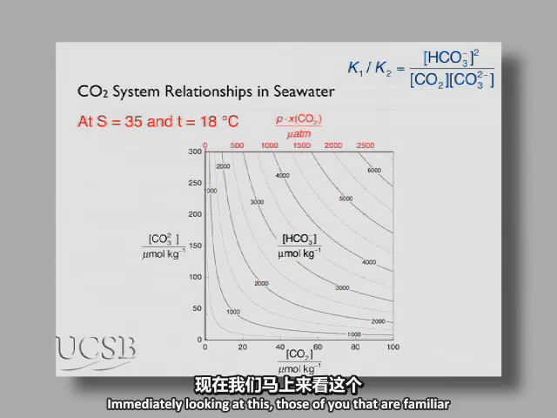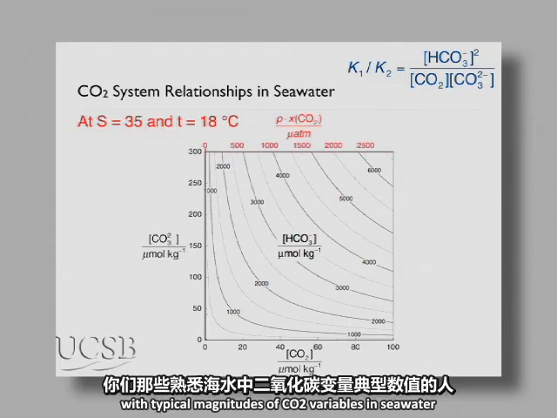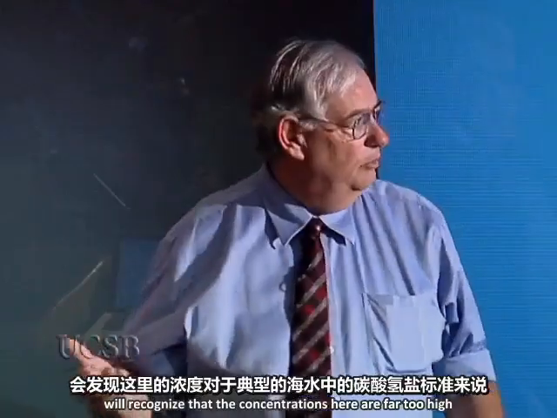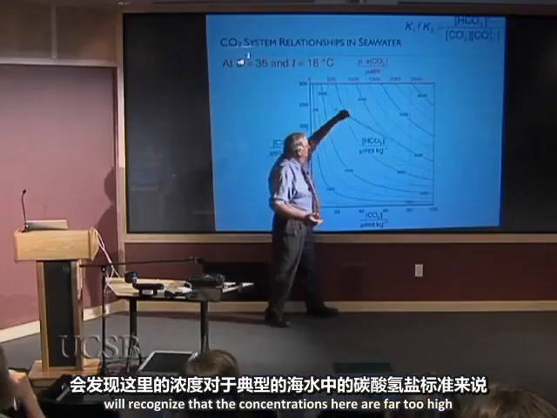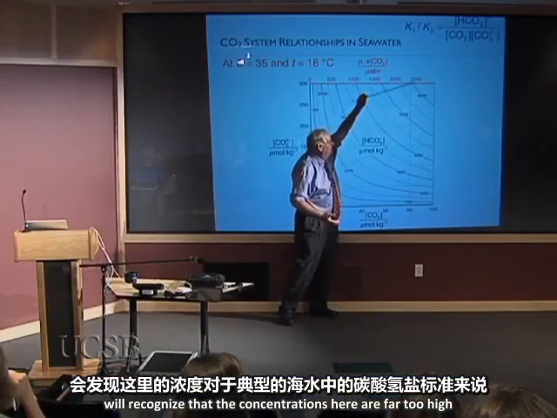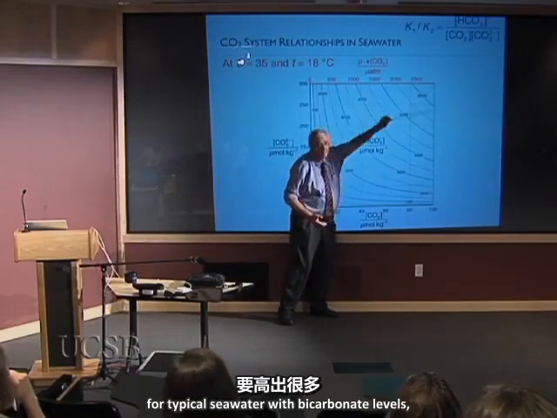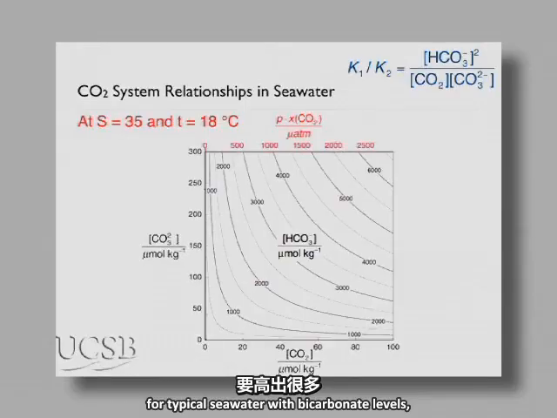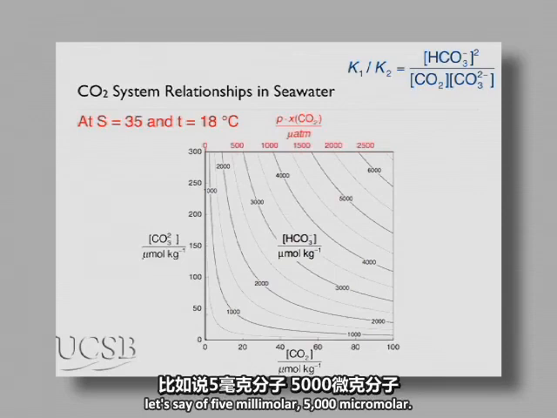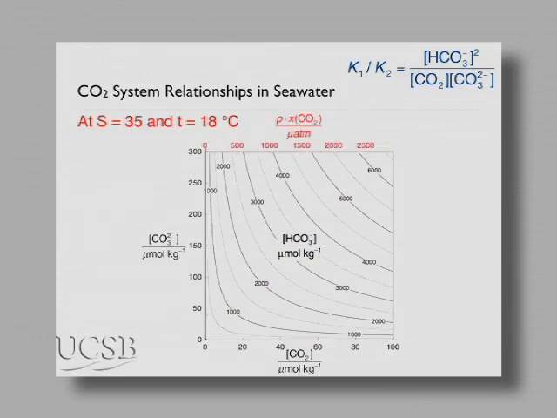Immediately looking at this, those of you that are familiar with typical magnitudes of CO2 variables in seawater will recognize that the concentrations here are far too high for typical seawater, with bicarbonate levels, let's say, of 5 millimolar, 5,000 micromolar.